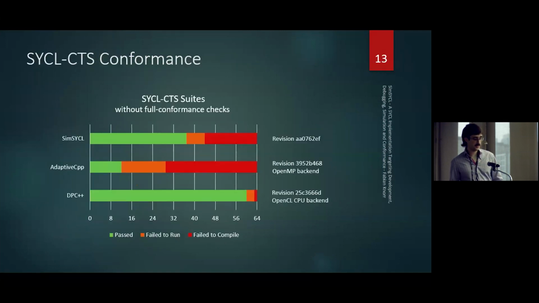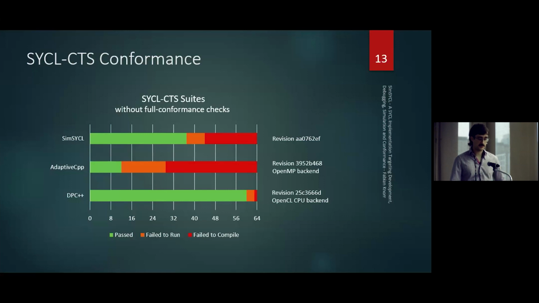Another metric, let's regard this more as a metric of progress in our own implementation: we run the SYCL CTS with SimSYCL. These are results without the large and slow full conformance checks. SimSYCL now manages to pass more than half of the SYCL CTS, where DPC++ almost passed all of them in our run, again with the CPU backend.